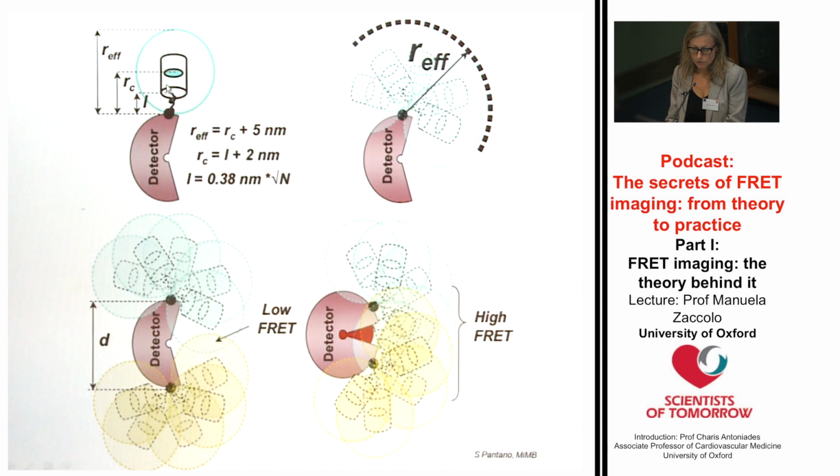And the other consideration has to do with the length of the linker and with the position where the fluorophores can be inserted. Here you can see from this schematic that the effective radius, which can be calculated as the sum of the length of the linker, the radius of gyration of the GFP, and half the distance for FRET, which is 5 nanometers, needs to lead to a significant overlap between the donor and the acceptor fluorophore in condition of high FRET.